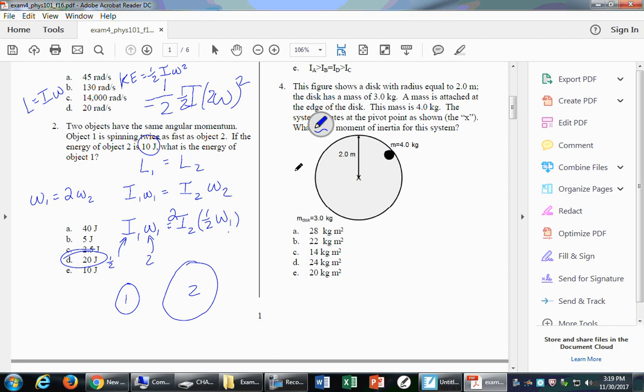So if I have two objects with the same momentum, if one of them's going faster, that's okay, it can go faster, it'll just have a smaller moment of inertia, but it's going to have more energy because this omega is squared. So like if something has twice this, but half this of another object, then it's going to have twice this, 2 squared is 4, half this, half of 4 is 2. The energy is going to be increased by a factor of 2.